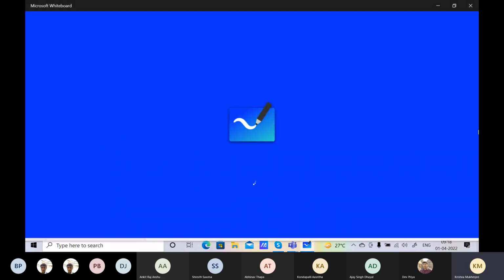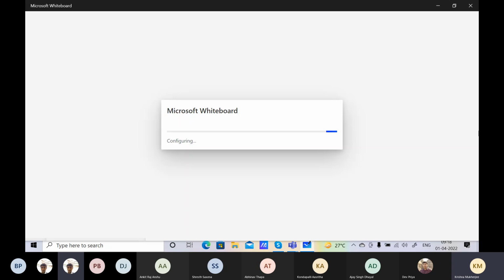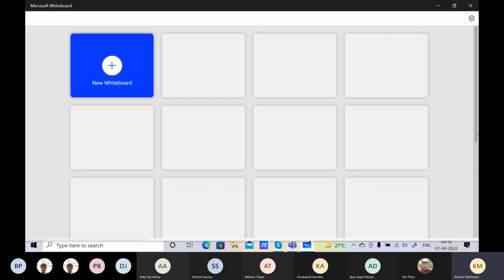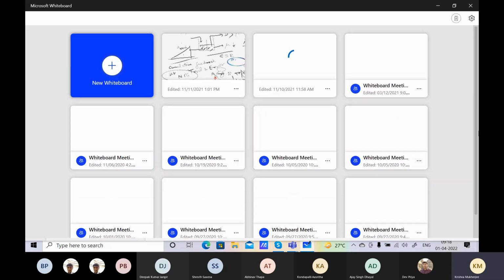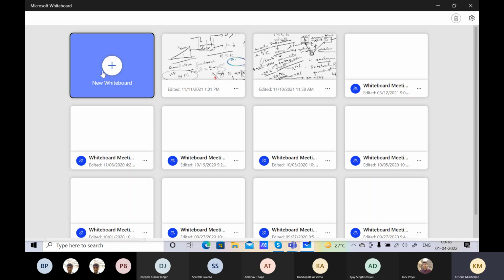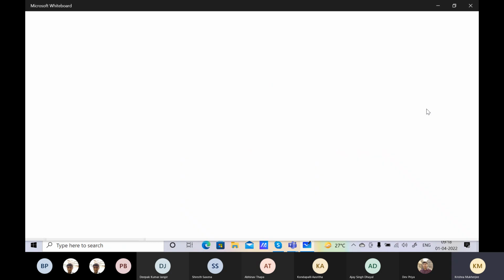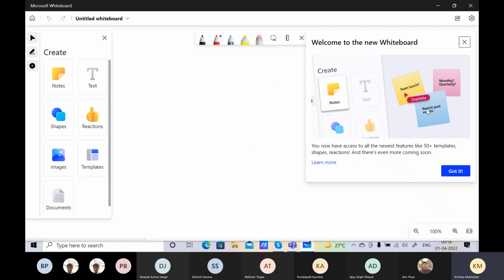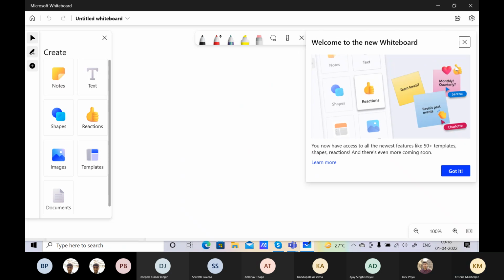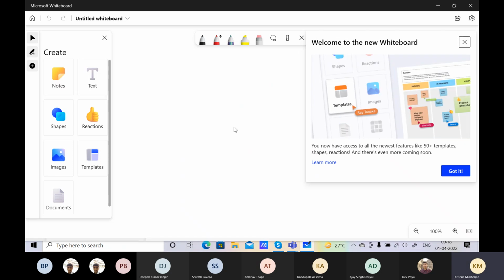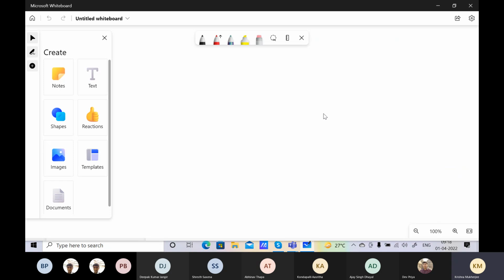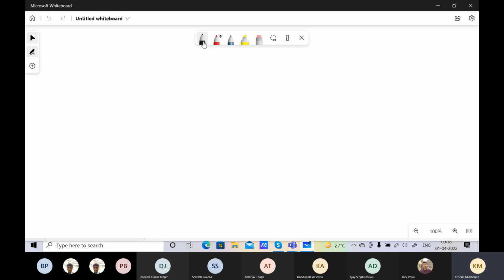Can you see the whiteboard? Yes, sir. Why is it configuring? Sorry. Let us change it again. Every time it keeps changing. Okay, it doesn't really matter.